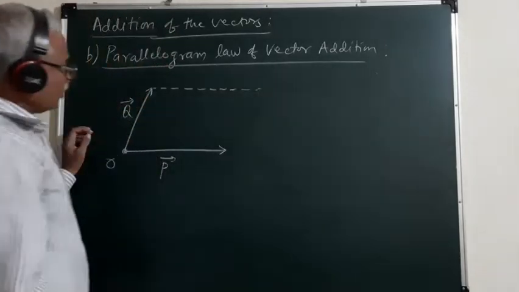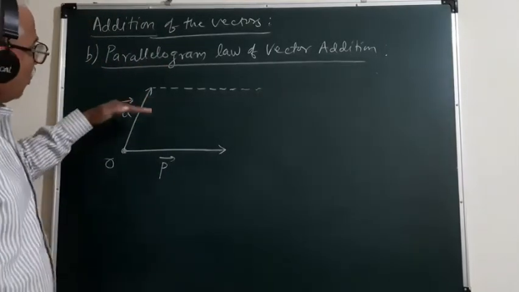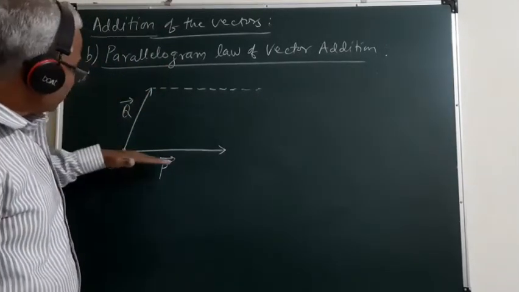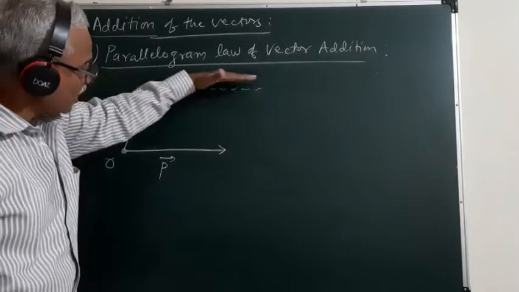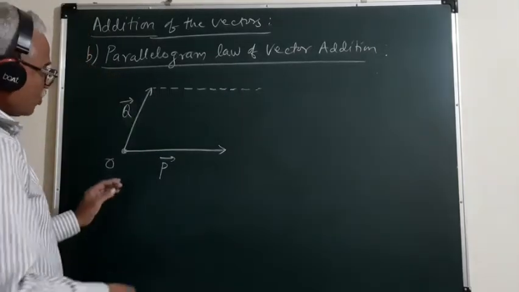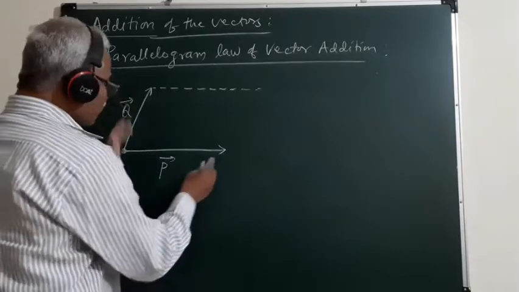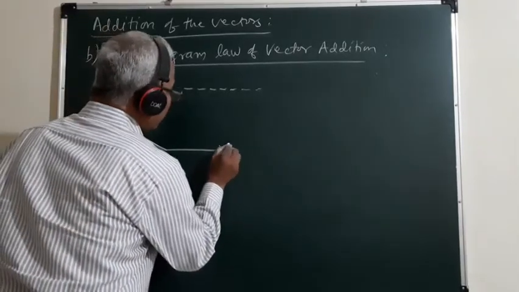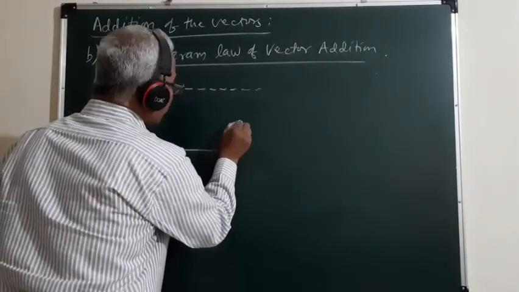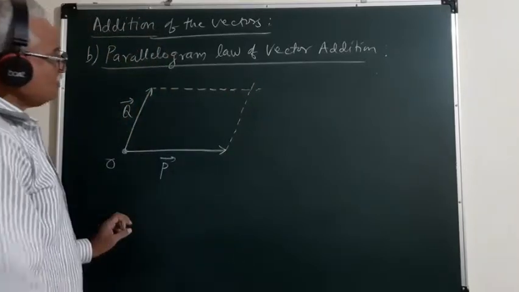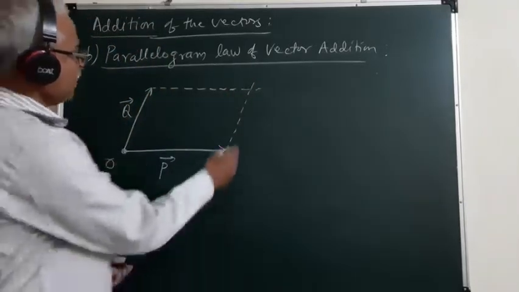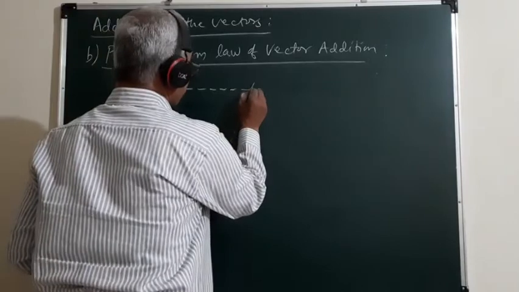To complete the parallelogram, we draw a line parallel to the vector p bar from the end point of vector q bar and draw a line parallel to vector q bar from the end point of vector p bar. These two parallel lines intersect each other at this point.